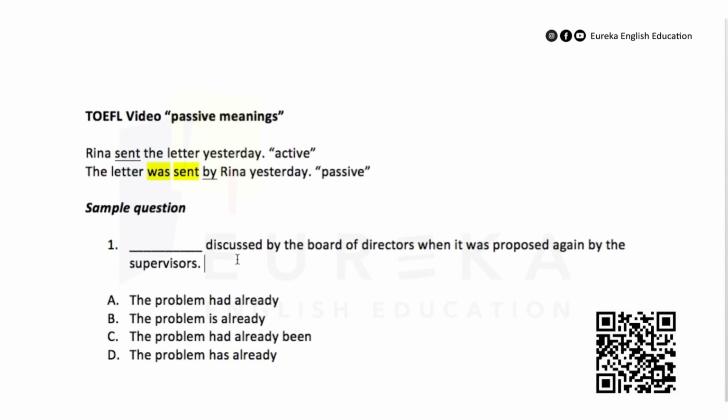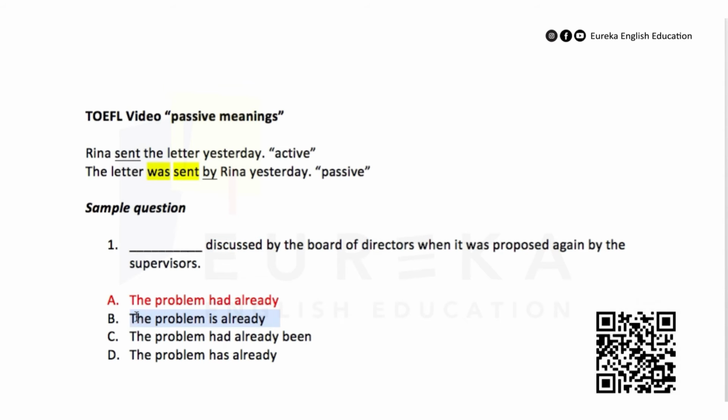That's why we need to find the characteristics that I mentioned earlier, which are to be and the past participle form or verb 3 form. If we look at the options, in option A there is no to be. That's why this option is wrong. In B, there is a to be, and there is this verb 3, discussed. The past participle form of the verb discuss is discussed with ed.